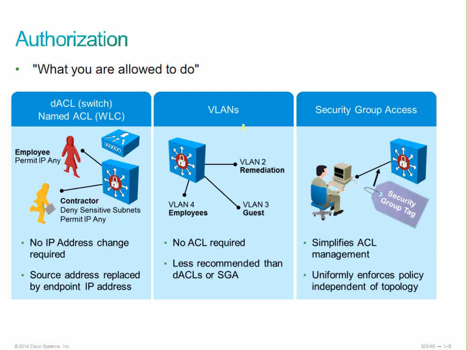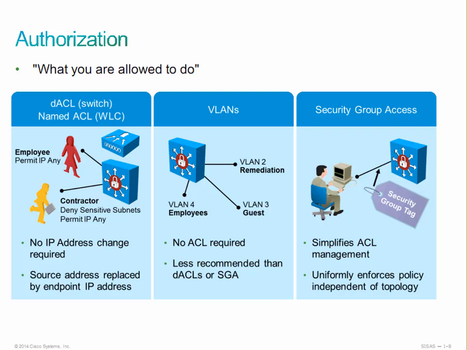Well, we now have the ability to do something called a downloadable ACL, where we can apply access control lists to our switch based on the actual authentication of the individual, dynamically instead of statically, or with a wireless LAN controller, some sort of named ACL.